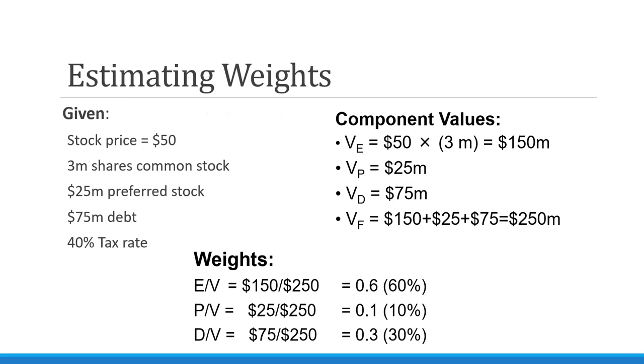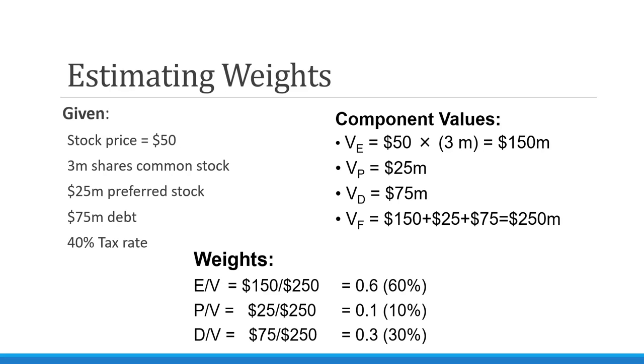So let's look at an example. Here we have a stock price of $50. We have 3 million shares of common stock outstanding. We have $25 million in preferred stock, $75 million in debt, and a 40% tax rate. So we add all of those items together to find that we have $250 million total for the market value of the firm.